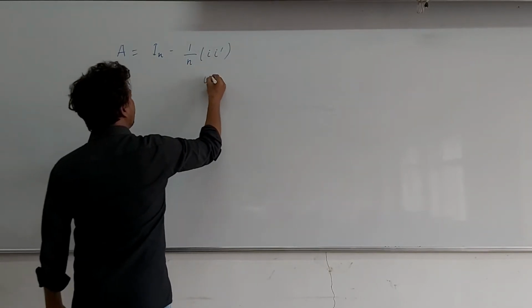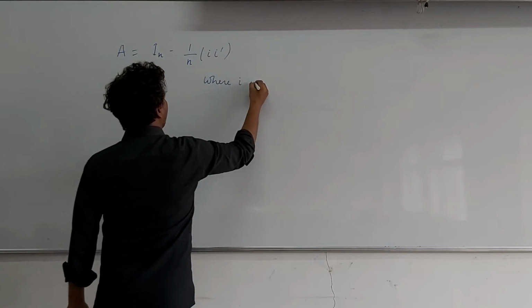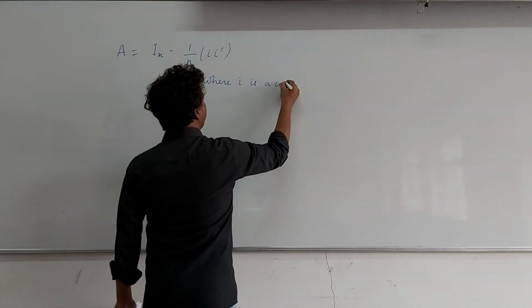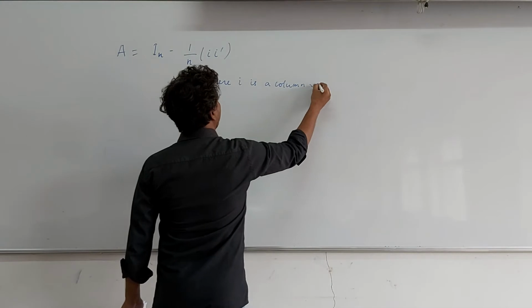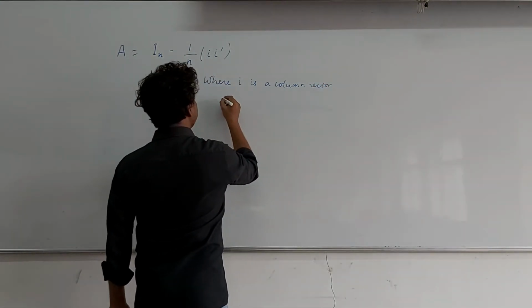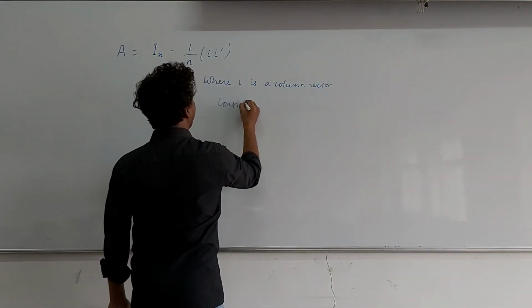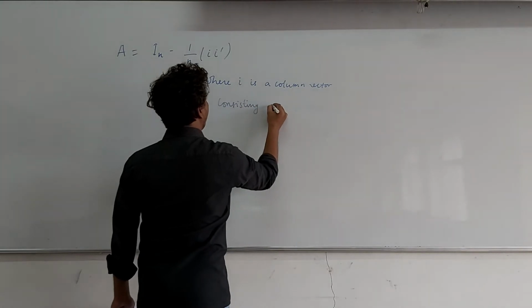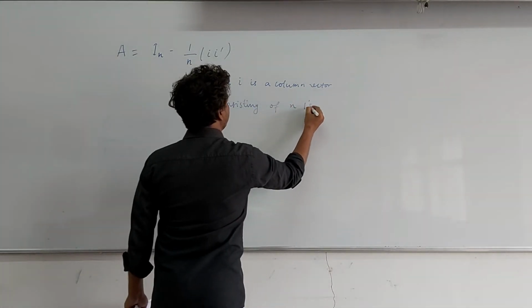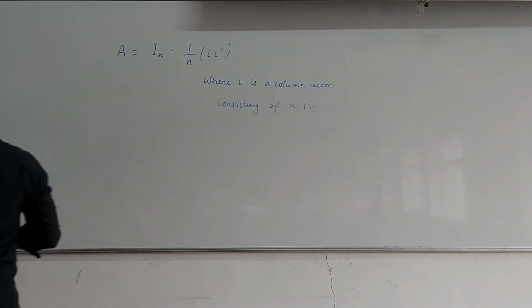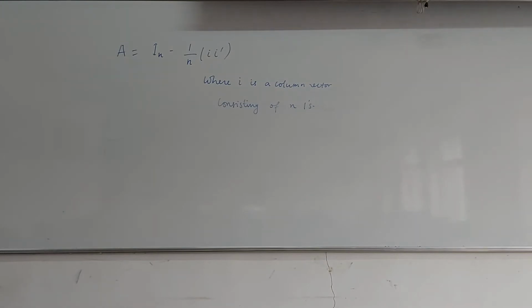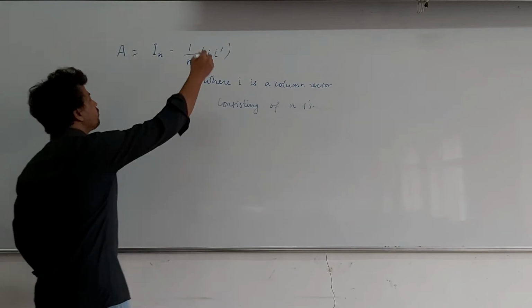where I is a column vector consisting of n ones. Now what does it exactly mean? So this A is called the transformation matrix.